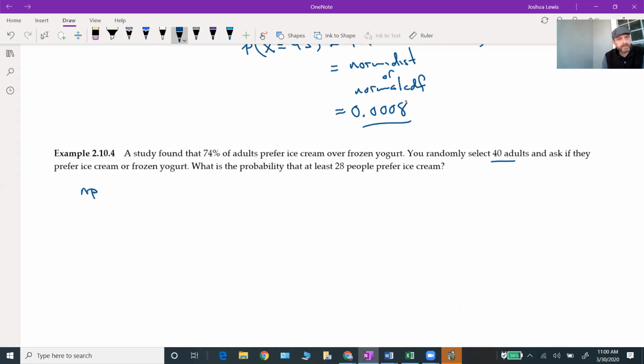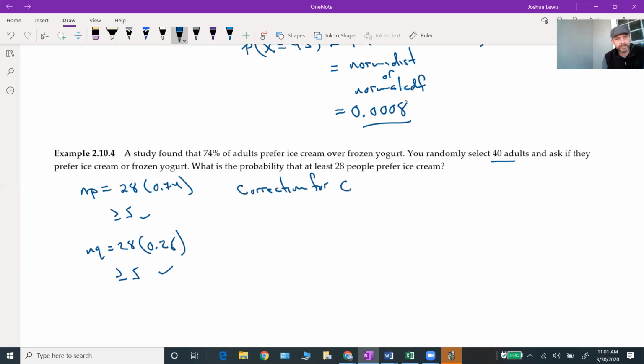So np is 28 times 0.74, that's greater than or equal to 5. nq is 28 times 1 minus 0.74, which is 0.26. This is also greater than or equal to 5. So we are good. We can use the normal distribution to approximate this. And so my correction for continuity, right? Let's see what we got. Correction for continuity.